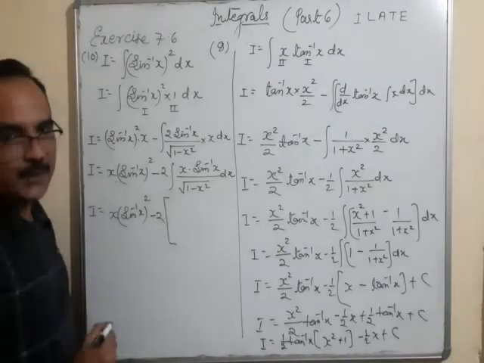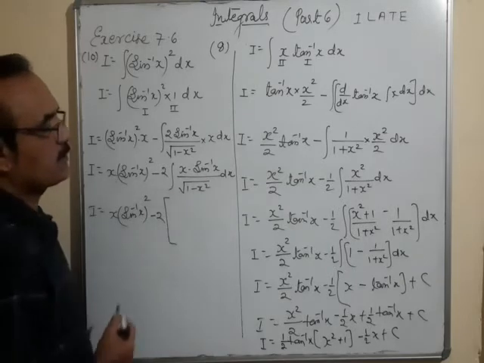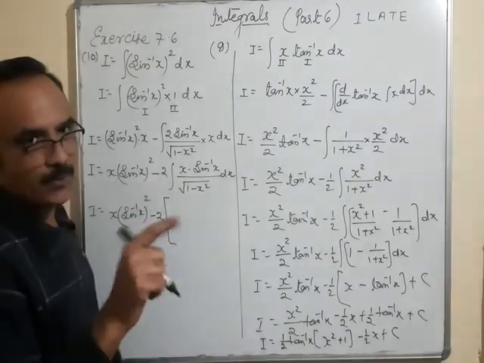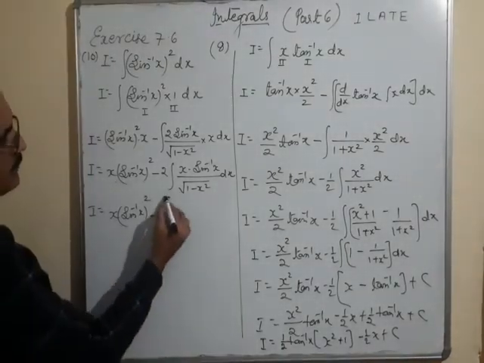Here I can take, let sin inverse x is equal to t. Differentiating, 1 upon under root 1 minus x square dx is equal to dt.